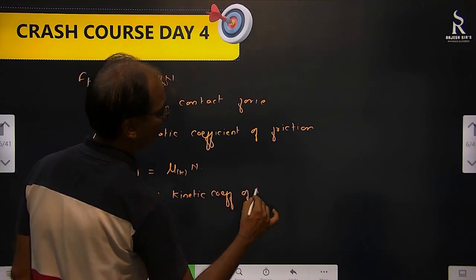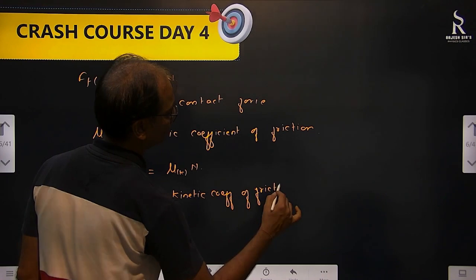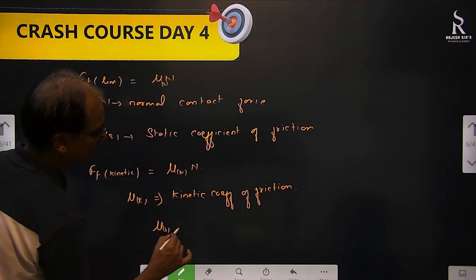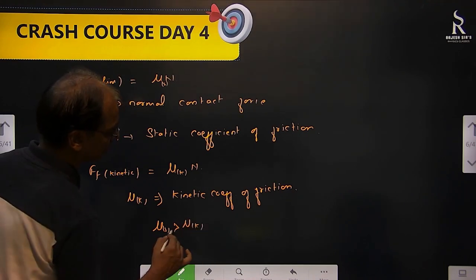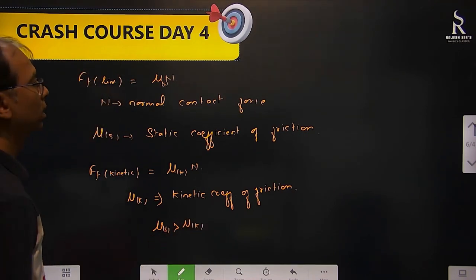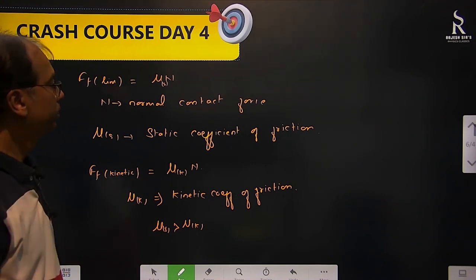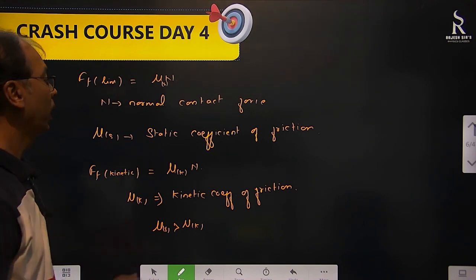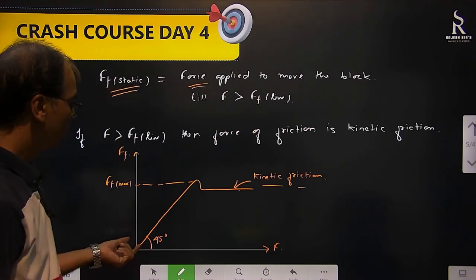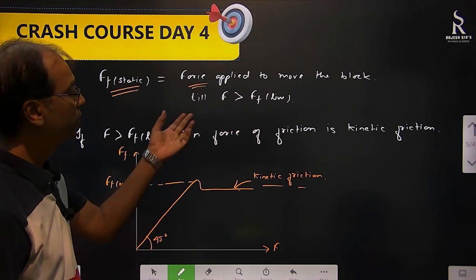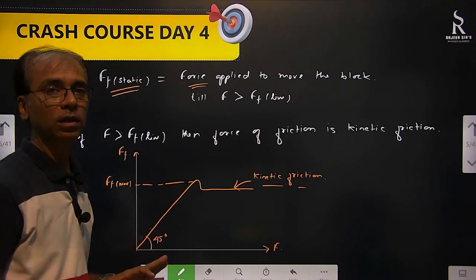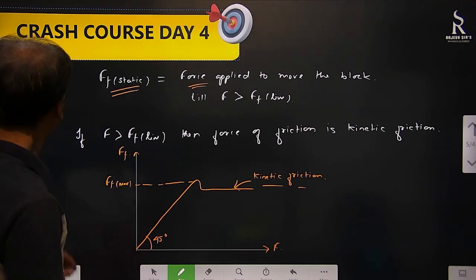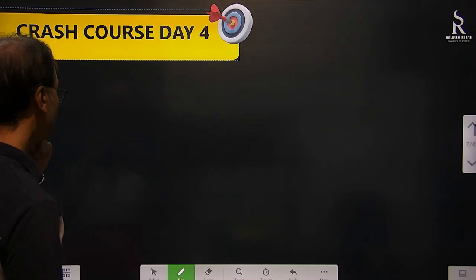And mu s is always greater than mu k. This is how we calculate limiting and kinetic friction. And the most important one, how force of friction is equal to the force applied till the force is less than limiting value. Very, very important for us. Okay, and let's see then what more are there.